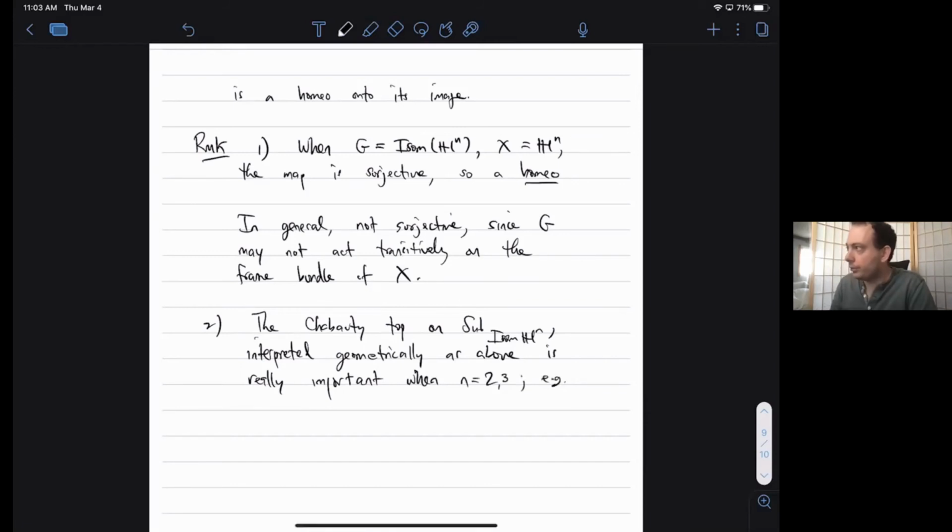For instance, this kind of geometric convergence is a key tool in Thurston's program to solve his geometrization conjecture.